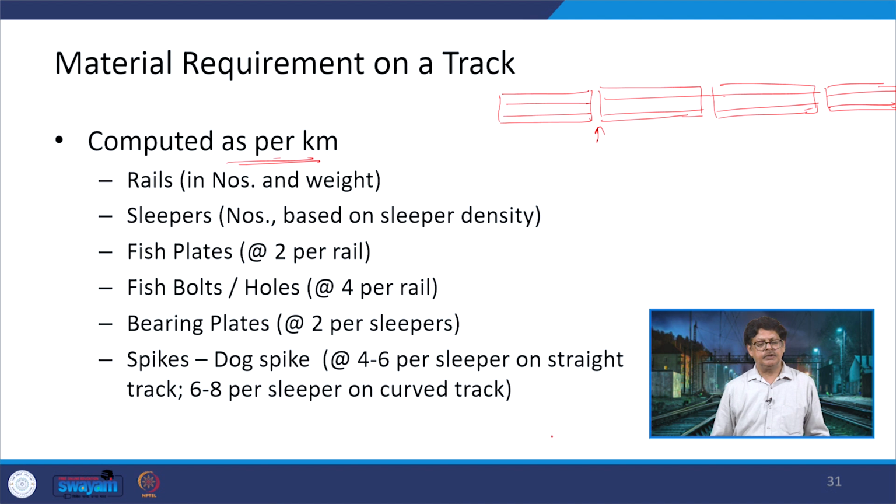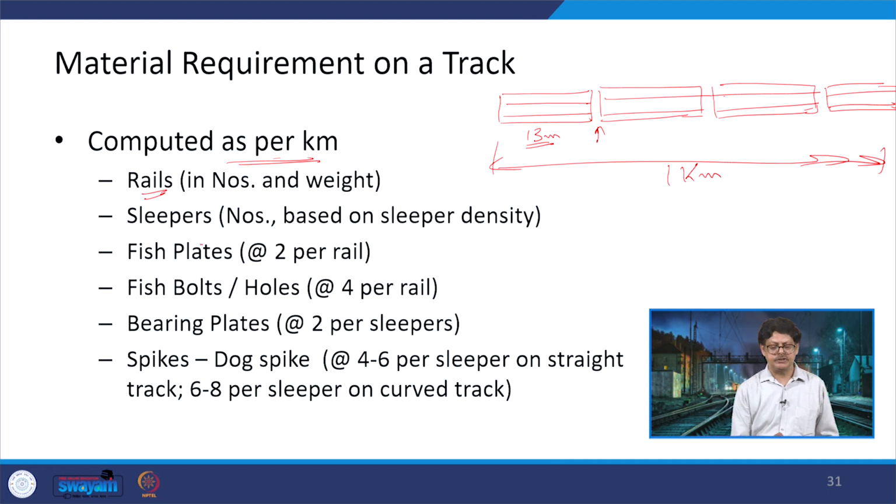First of all, the rails need to be seen, that is, how many rails are required. We are talking about 13 meter long panels of a rail section jointed by fish plates and fish bolts. So, in 1 kilometer length, how many such panels will there be?